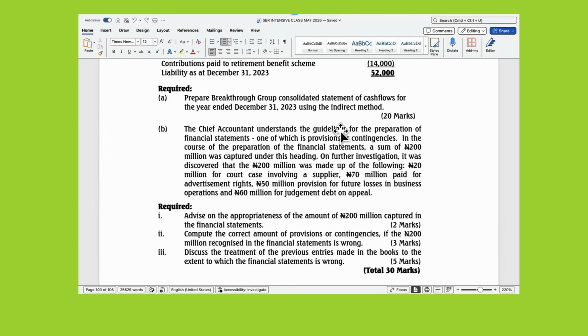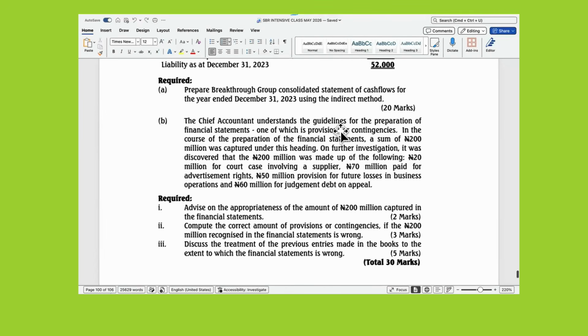So this one here is similar to what we have done before. We're doing statement of cash flows. And here, we're required, and they also have a B part, and we have solved this B part before.